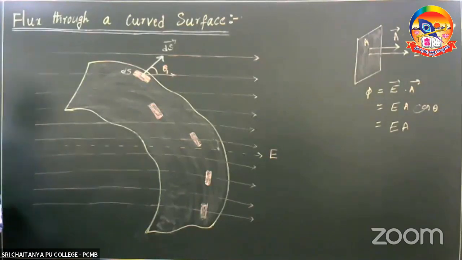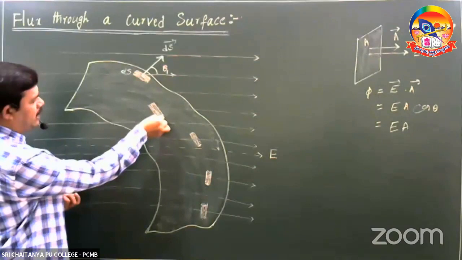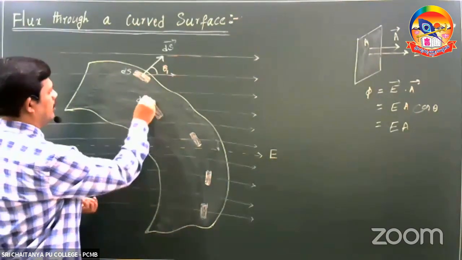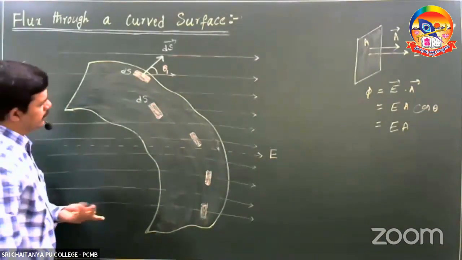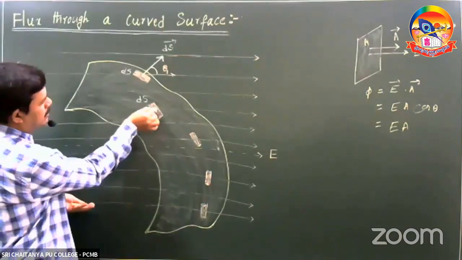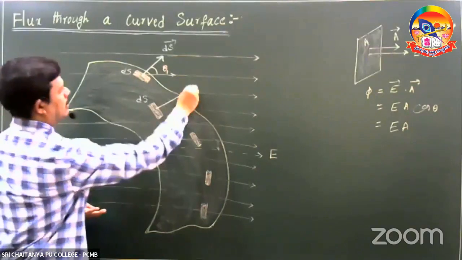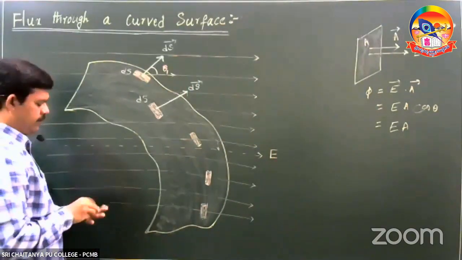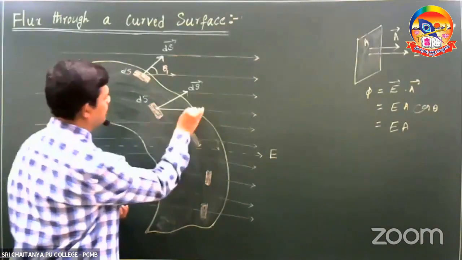Okay. And come here, I take one more such small element here also, which is ds only. Then I draw the area vector for this. This is the area vector for this small element. And here, this is the field vector passing through.